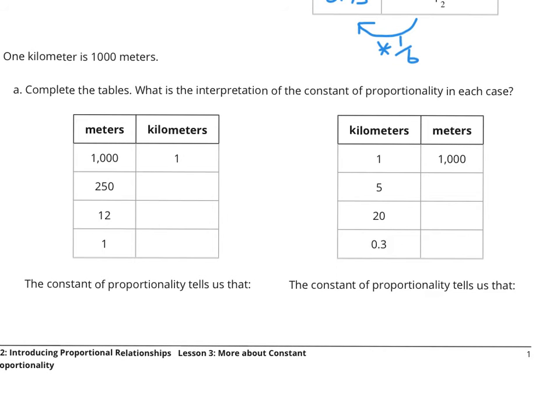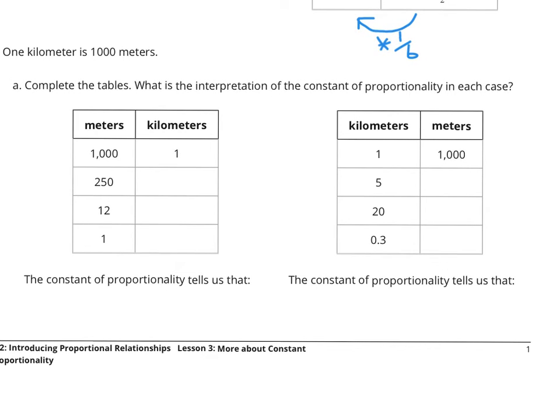So let's see, to go from here to here, from left to right, I need to know what I'm multiplying by, and to find that, I divide this way. And that would be 1/1,000. So I'm multiplying by 1/1,000, or 0.001. And if I multiply these numbers by 0.001, I'm going to have 0.25 or 0.250.